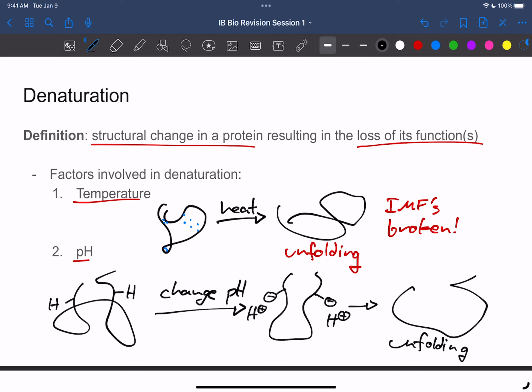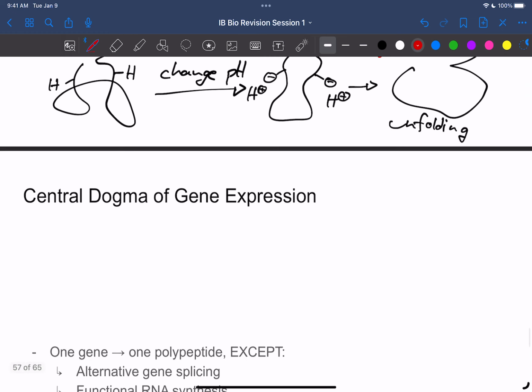And it's going to cause unfolding because some interactions were broken for this and this. So pH can basically change how much hydrogen is on a protein, and it can be different. So if there's hydrogens that aren't supposed to be there, or hydrogens that are not there when they're supposed to be, then that causes change in function or loss of function or denaturation.